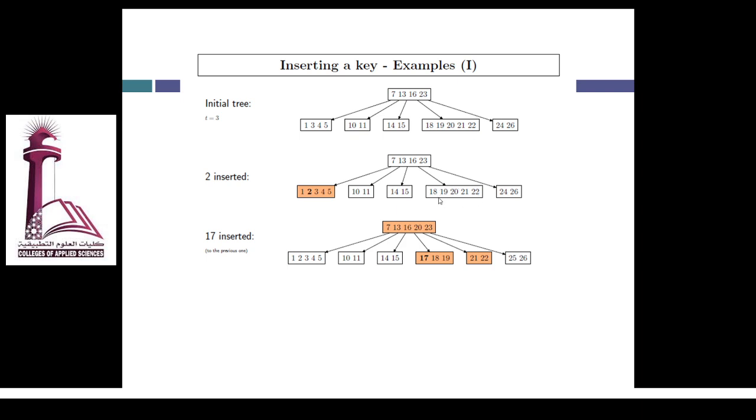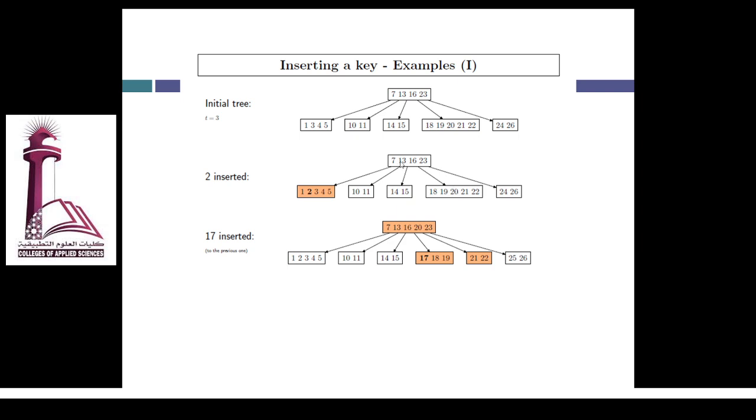So this node already having 5 keys. So it is full. So what we have to do? Again, we have to follow the same procedure. So it is having odd number of keys, and hence before inserting, move the middle to the parent. So move 20 to the parent.